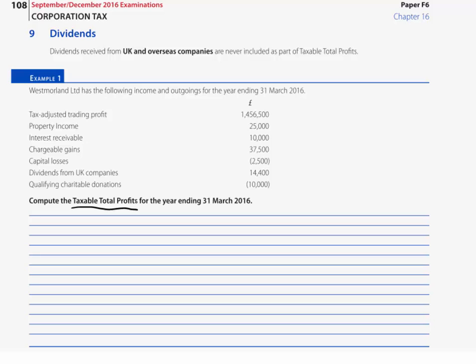So I'd like you just for a moment to pause here, look back at your pro forma computation and then proceed to put your calculation of TTP together. I want you to have a go at this, looking at the items on the computation. I will then take you through this in just a few minutes' time once you have made your attempt.